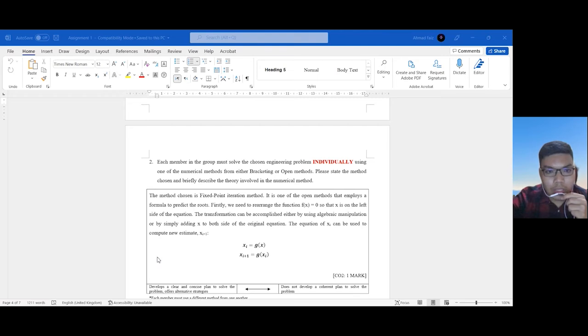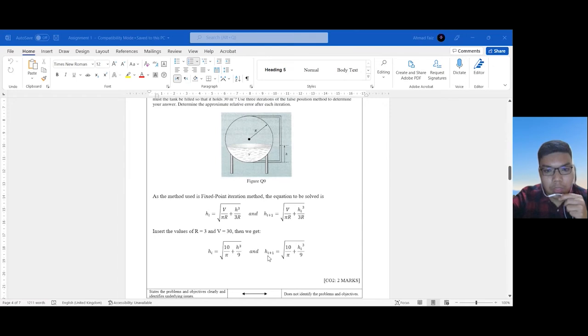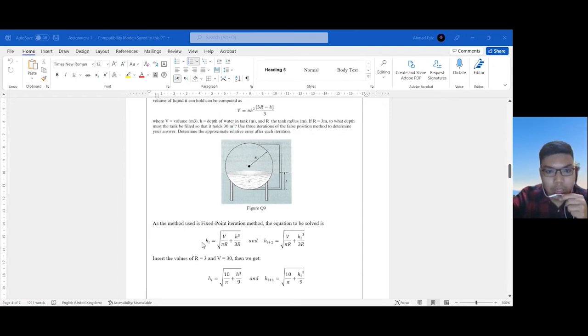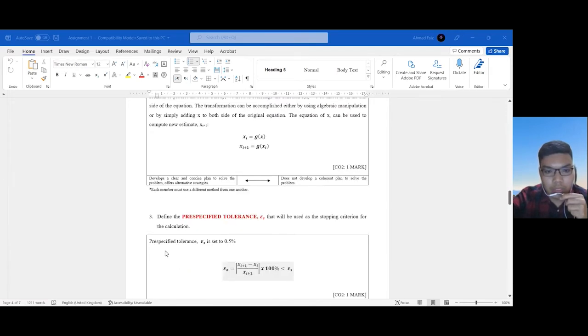In this case, xi is Hi and xi plus 1 is Hi plus 1. By transforming the original equation, the equation of Hi and Hi plus 1 became like this after inserting the value of radius and volume. For the pre-specified tolerance, the epsilon s is set to 0.5%.